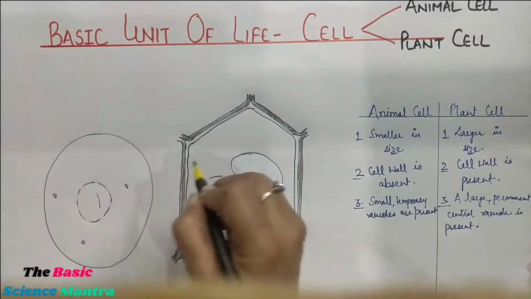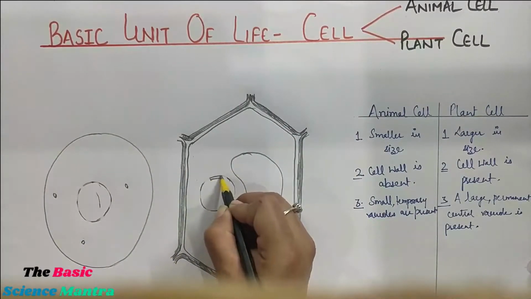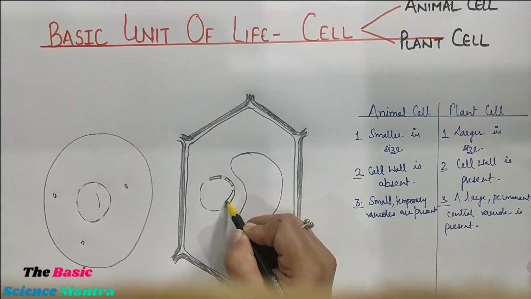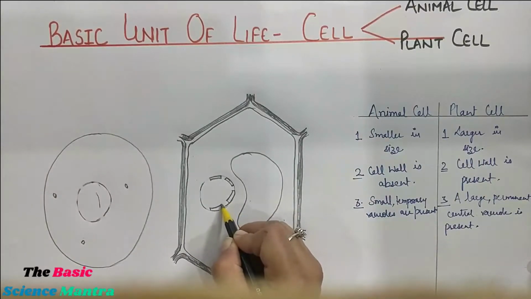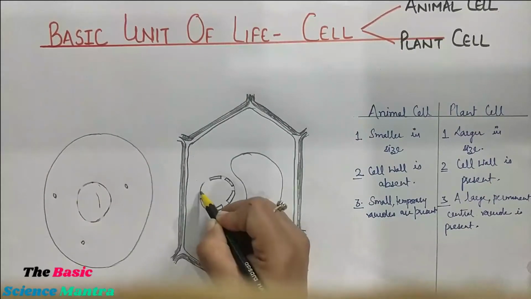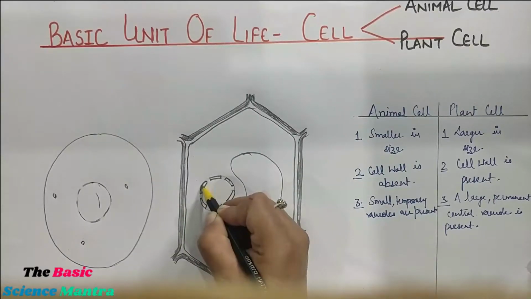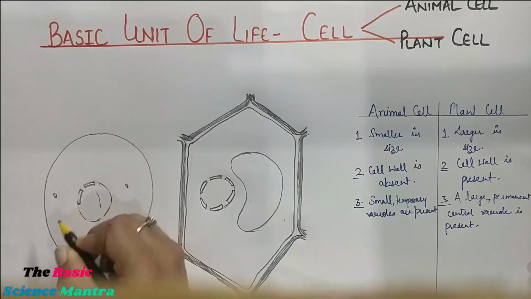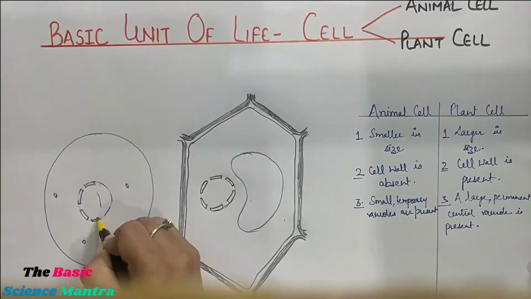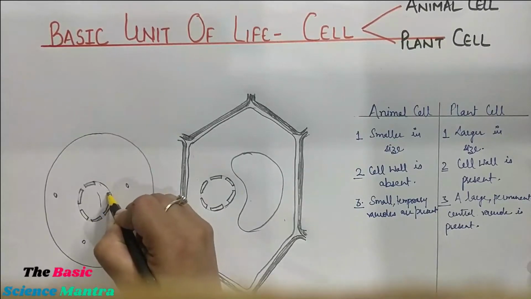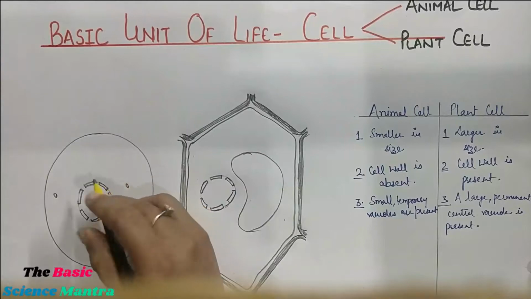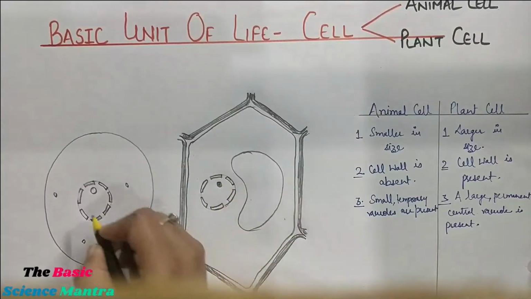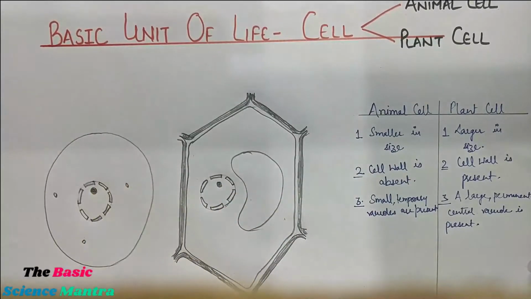See this, we have erased it because there are pores in the nuclear membrane. You can see the pores like this. Similarly in animal cells, you can see the pores. Nucleolus is present in both the cells, animal cell and plant cell.